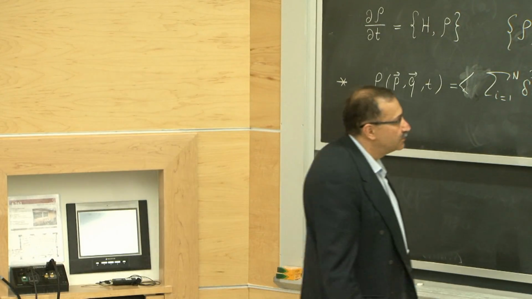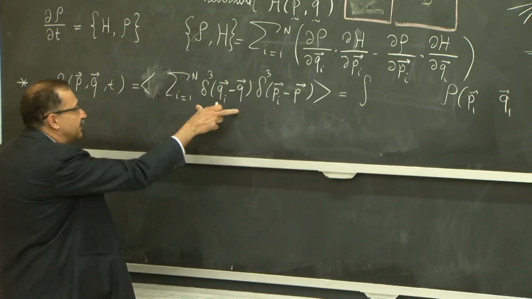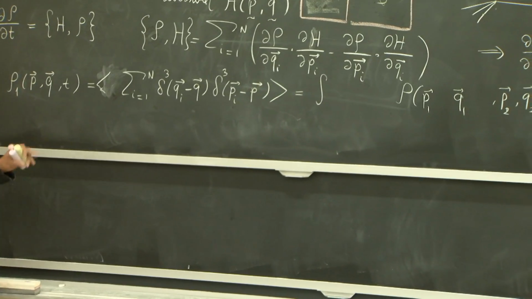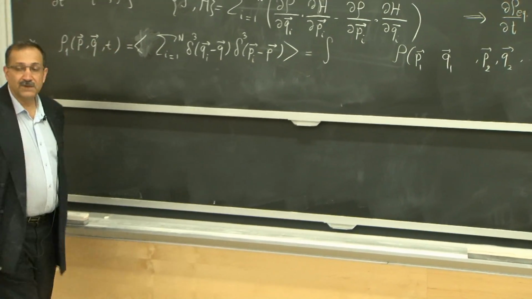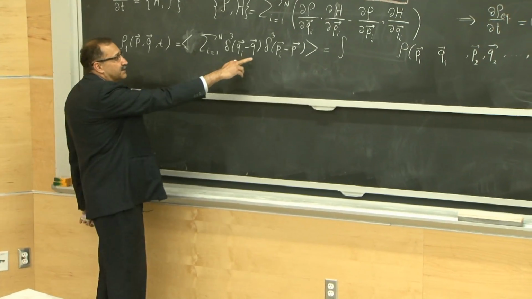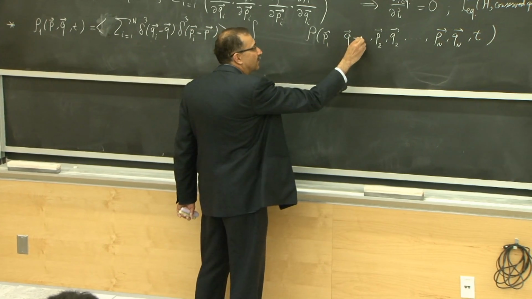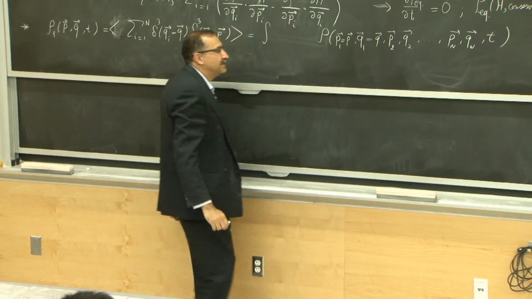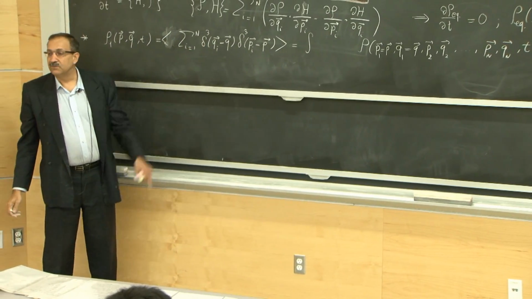What I need to do is multiply this density with the function for which I have to consider the average. Well, the function being a delta function, it's very nice. The first term in the sum will simply set q1 equal to q, and it will set p1 equal to p when I do the integration over p1 and q1.